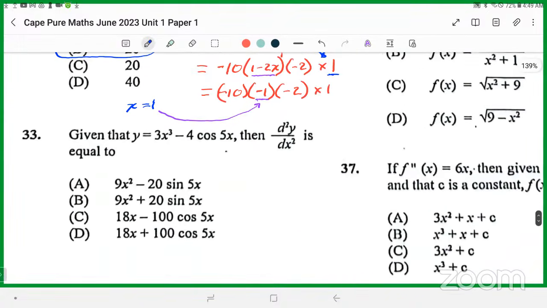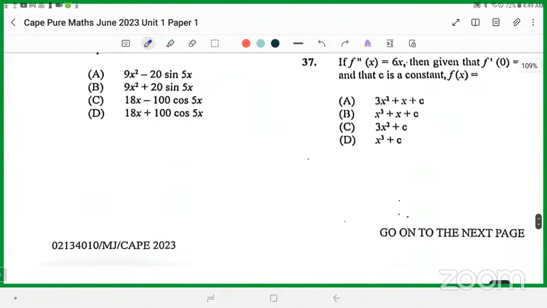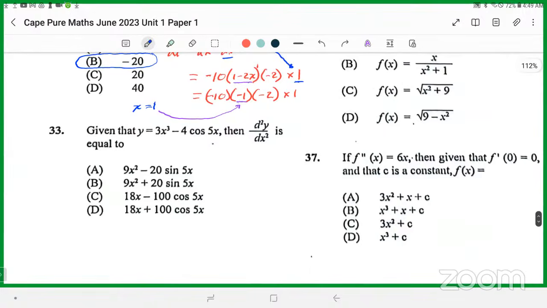Then we have this expression. I want to differentiate it twice. I must find some space. We have some space somewhere here. Differentiate the first time. We're going to get dy by dx equals differentiating this. To differentiate this first, we're going to get 3 times 3 is 9x squared.